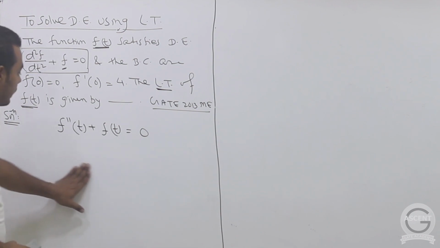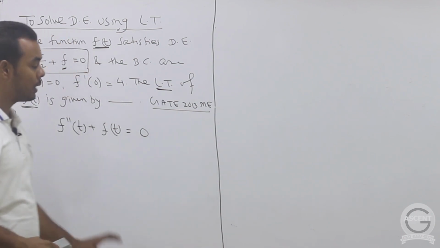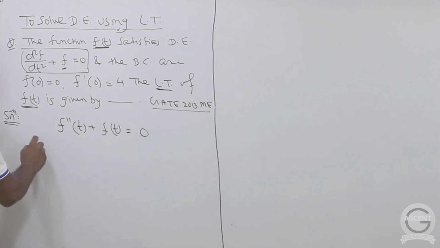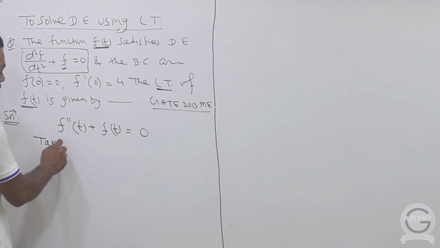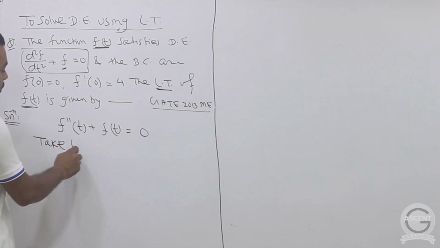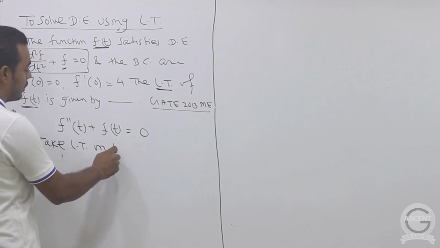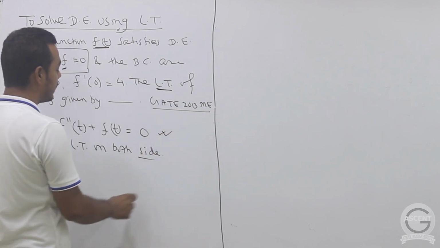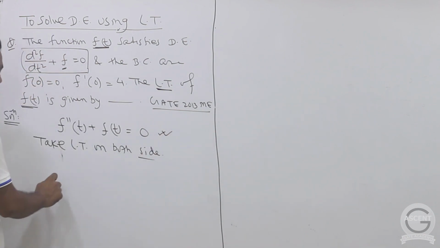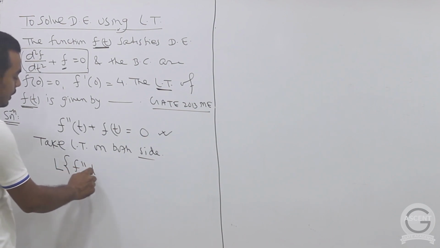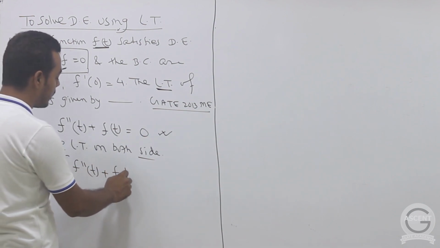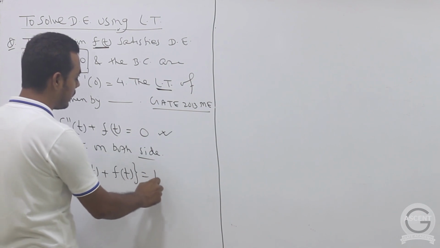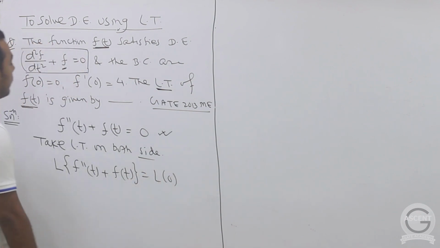Now for solving a differential equation using this Laplace transform, the first step will be you have to take Laplace transform on both sides. In the given differential equation, you have to take Laplace transform on both sides. So you will get Laplace transform of f double dash t plus f of t, and this equals to Laplace transform of 0.